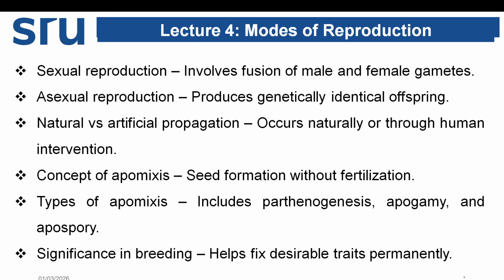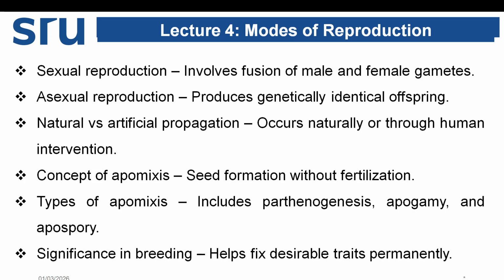Then from genetics in plant breeding, we will move towards lecture 4, that is modes of reproduction. As everyone is well aware, there are two modes, sexual and asexual. Sexual reproduction involves the fusion of male and female gametes, and asexual reproduction produces genetically identical offspring.